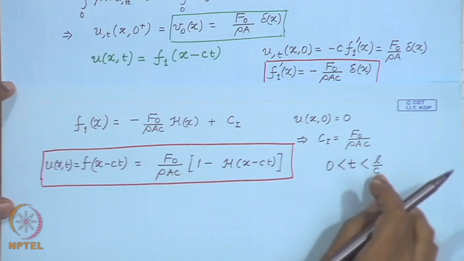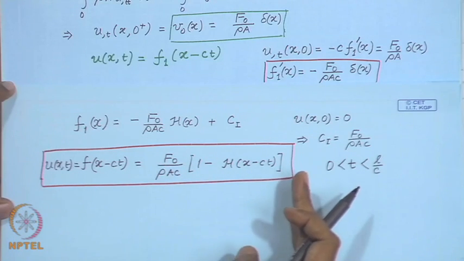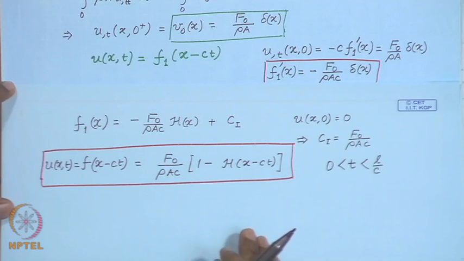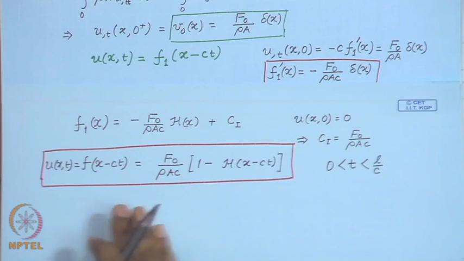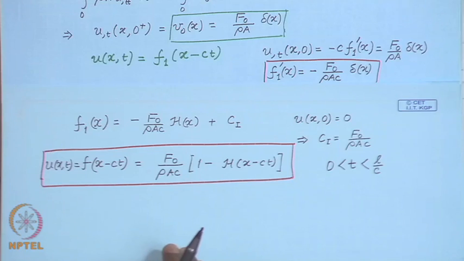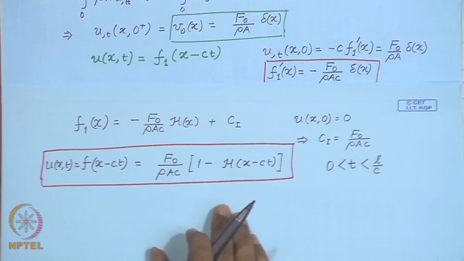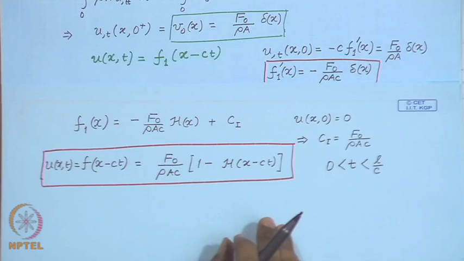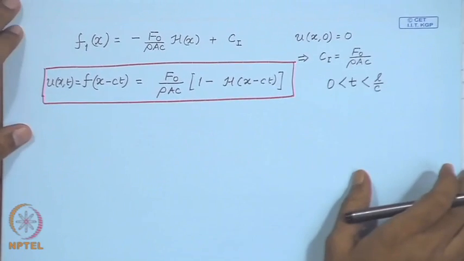L over c is the time taken for this wave front to reach the right end of the bar. So, this is the solution that you will observe just after the impulse has been applied and t is less than L over c. Now, this front is going to go and hit the right boundary of the bar.